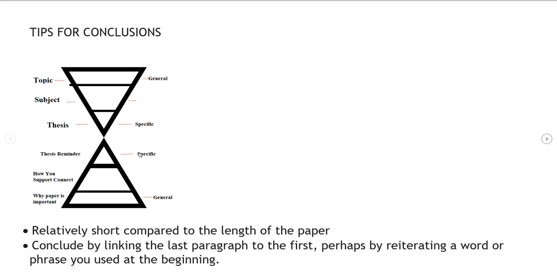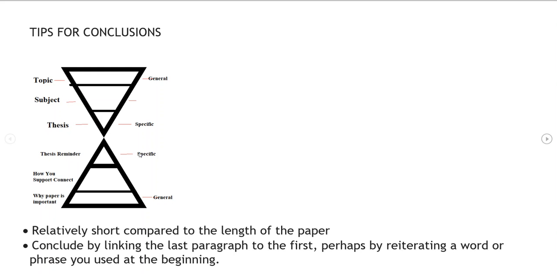Rather than in conclusion, you can just have a declarative, definitive statement about the significance of your paper, like the main point of it. For your upcoming paper, you might have something about the significance of being mindful of fake news so that you don't fall victim to things like Pizzagate or whatever story you've chosen.